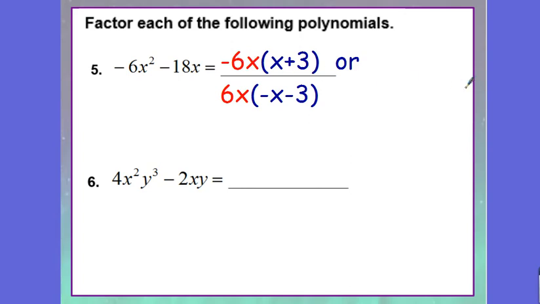If I factored out negative 6x, that would mean negative 6x times x will give us negative 6x squared. And then negative 6x times 3 will give us negative 18x. If I bring the negative out front, then both of these terms would become positive. However, if I didn't catch the negative, it's fine too, because 6x is another way to factor and end up with negative x and negative 3 on the inside.